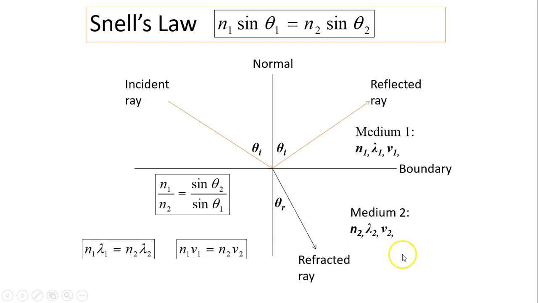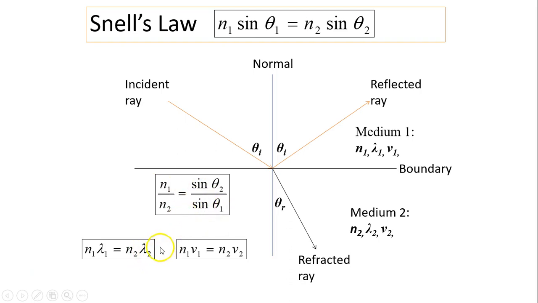In medium 2 there are four things: n2, lambda 2, v2, and theta r. And for medium 1 there is the incident angle and the reflected angle, also n1, lambda 1, and v1. This line is called a boundary. Snell's law says n1 over n2 is sine theta 2 over sine theta 1.